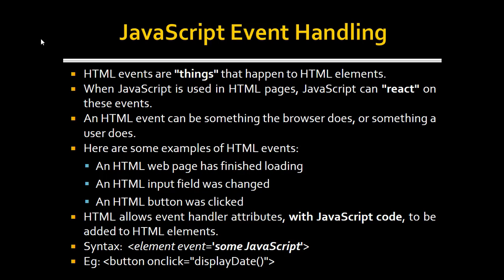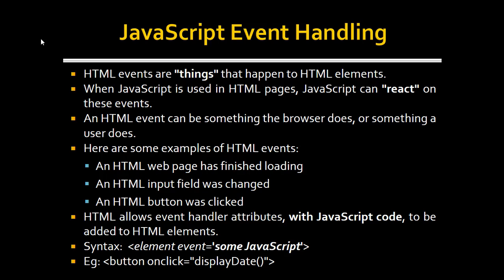Some examples of HTML events are: an HTML web page has finished loading, that is our load event; an HTML input field was changed, the onchange event; an HTML button was clicked, the click event, like that. These are some of the examples of HTML events.